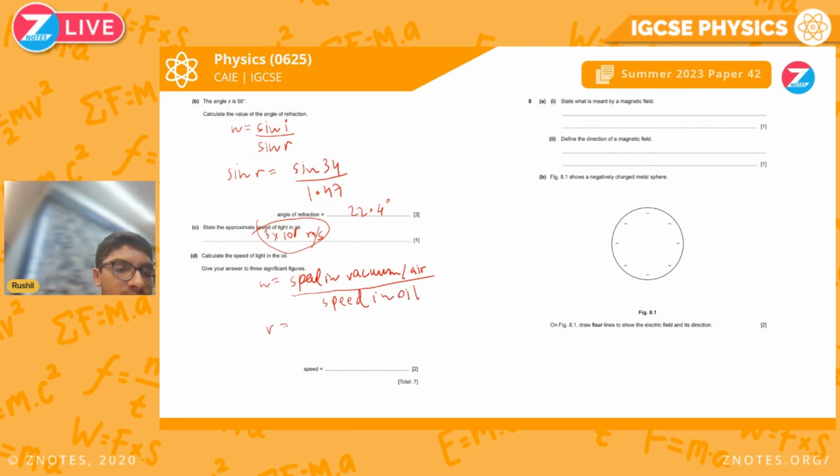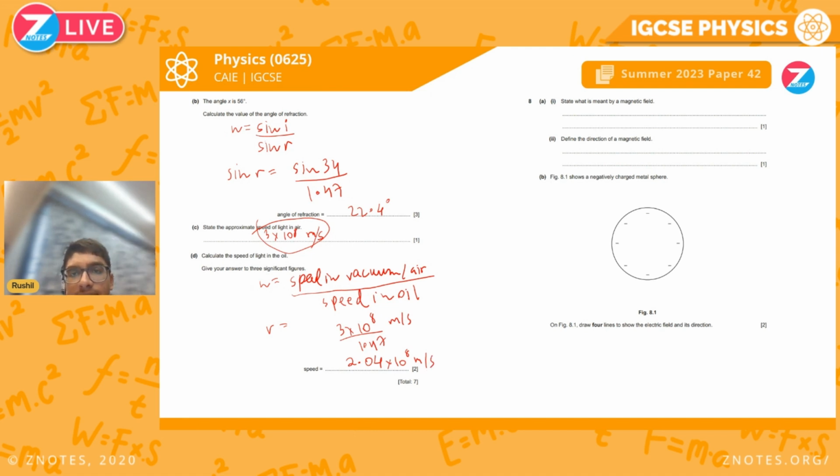Hence, the speed in oil is the speed in vacuum divided by the refractive index, which is 3 times 10 to the power 8 meters per second divided by 1.47, which is 2.04 times 10 to the power 8 meters per second.